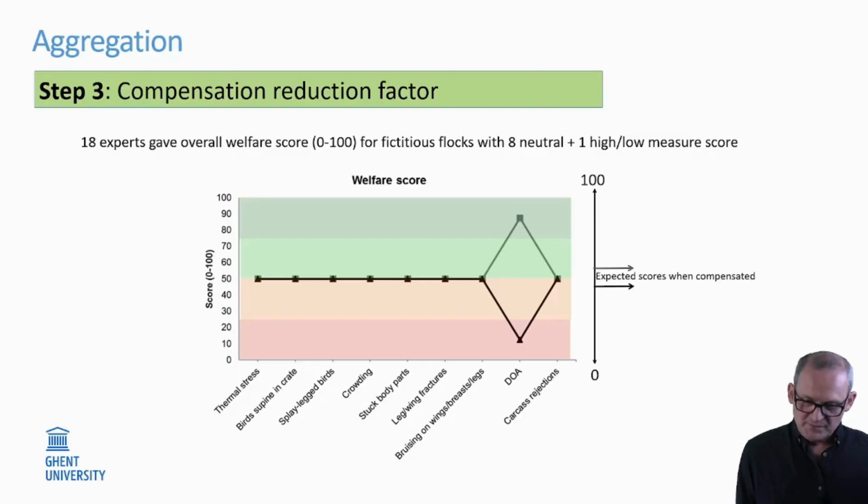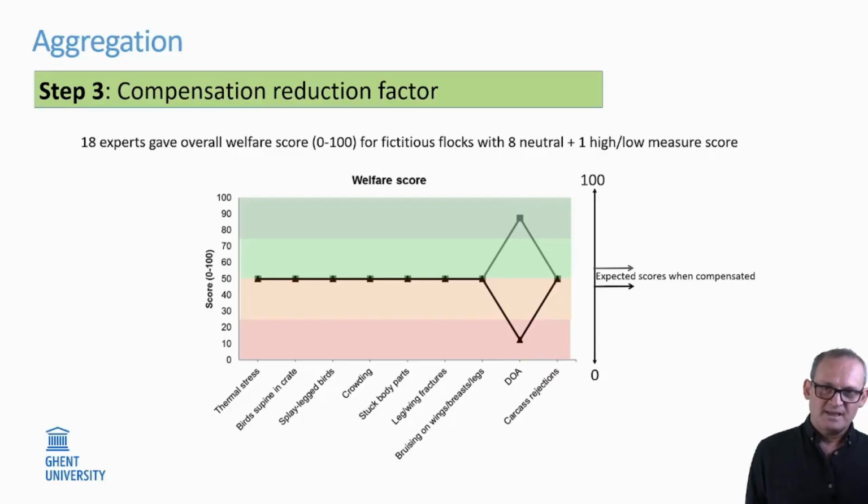If there was no need for compensation reduction, the overall welfare score would be the arithmetic mean of these 9 scores, so we'd be close to the level of 50, and slightly above in the case of the one extreme positive one, or slightly lower than 50 in case of an extreme poor score.